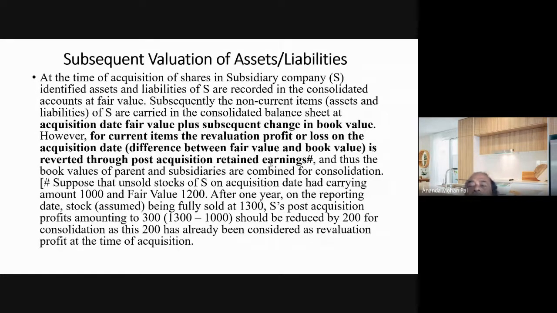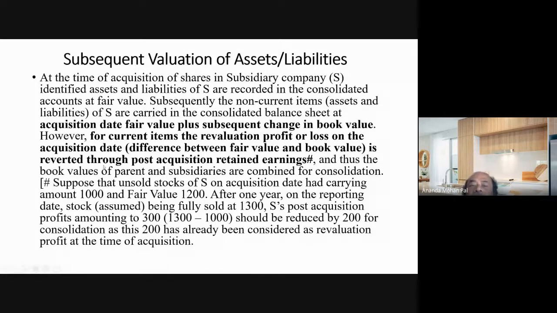And the other item is that the current asset valuation based on the fair value, 3,60,000 plus the increase during the year of 1 lakh, 4,60,000, would again come back to 4 lakhs. 60,000 would be reduced.